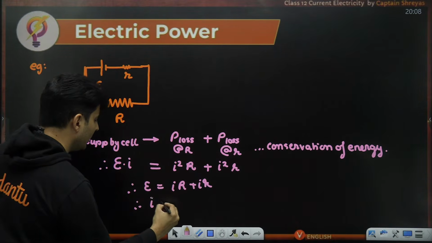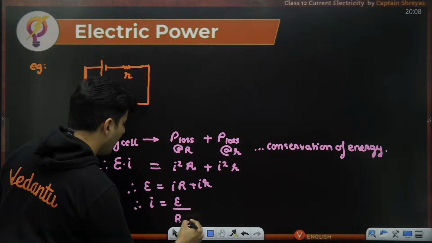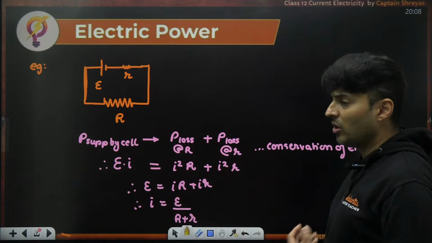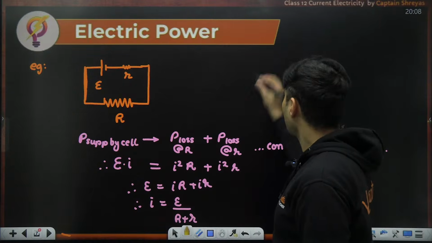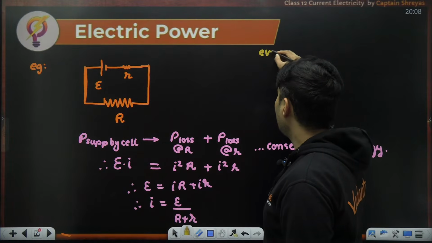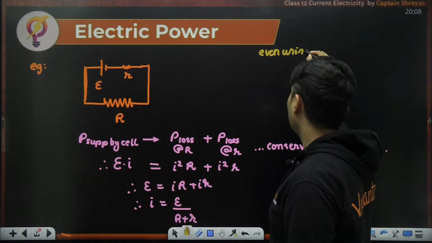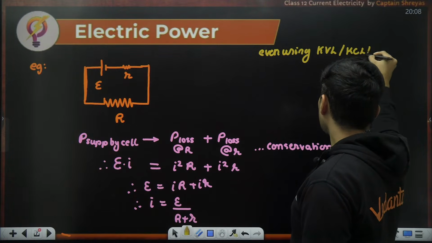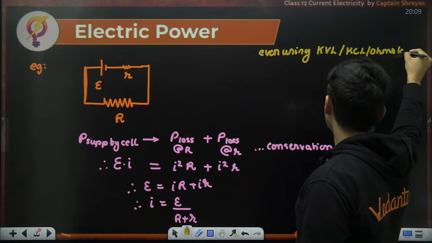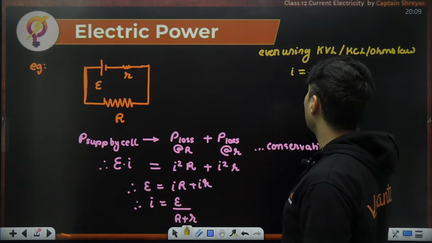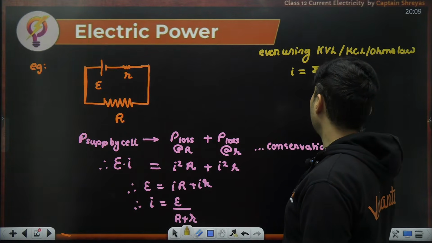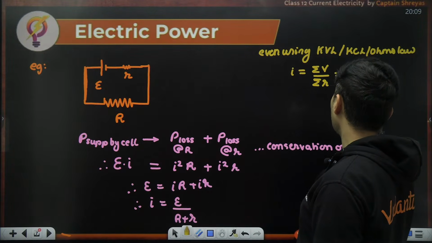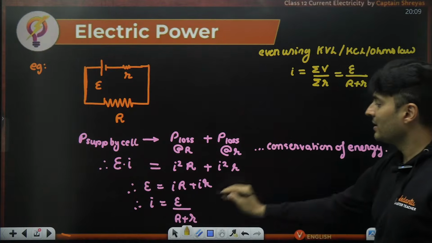I can be taken common and it will be E divided by R plus r, which is also true by Ohm's law, Kirchhoff's law, whatever. So even using Kirchhoff's voltage law or Kirchhoff's current law or basically Ohm's law, one will still say that the current will be the net voltage by the net resistance, which is still going to be E divided by R plus r, which is still the same value.